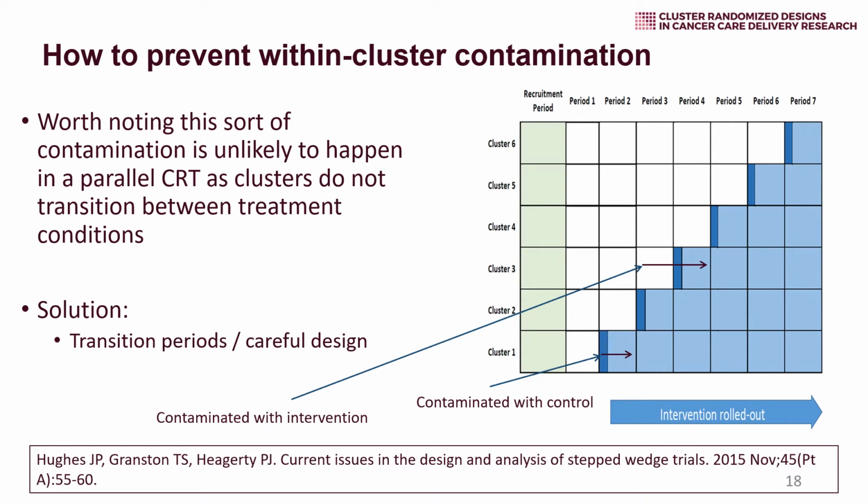Ways that we can try to minimize its impact are to add in transition periods and careful design, so trying to prevent control condition observations becoming contaminated with the intervention, or intervention participants becoming contaminated with the control condition.